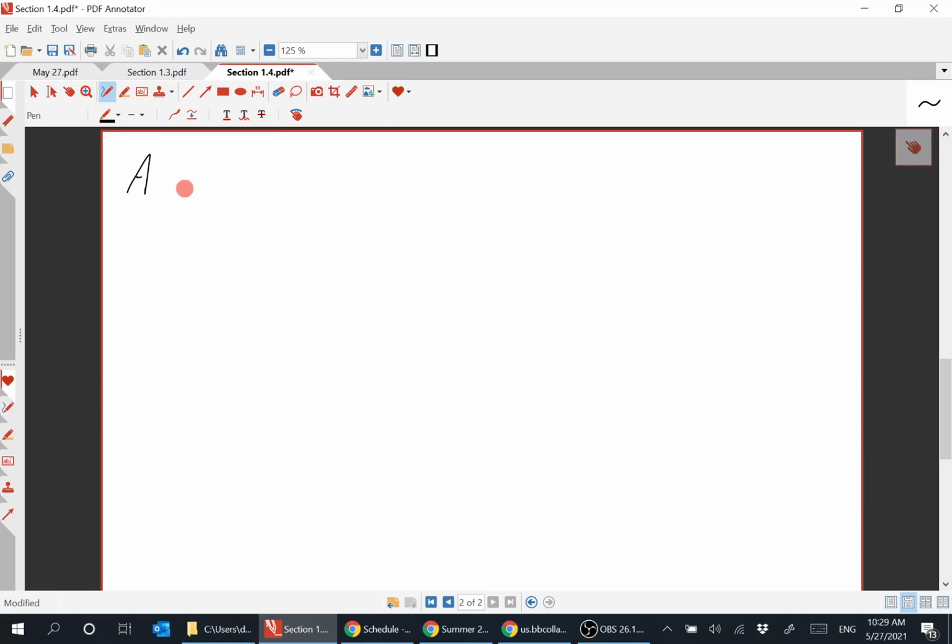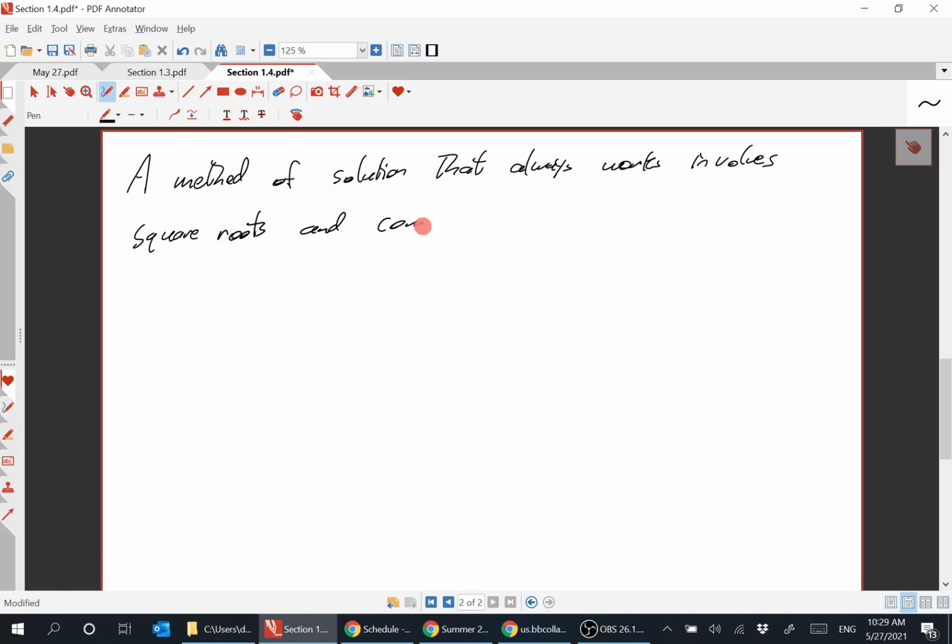A method of solution that always works involves square roots and completing the square.